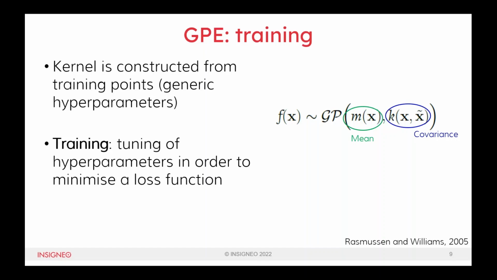The covariance is constructed using a kernel function, and training the Gaussian process emulator is actually the process of tuning the parameters inside the kernel in order to minimize the discrepancies between the behavior of the emulator and the behavior of the simulator. And of course, as you can imagine, the discrepancy between this behavior is quantified by a loss function.